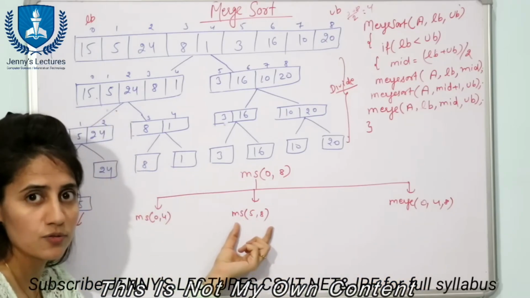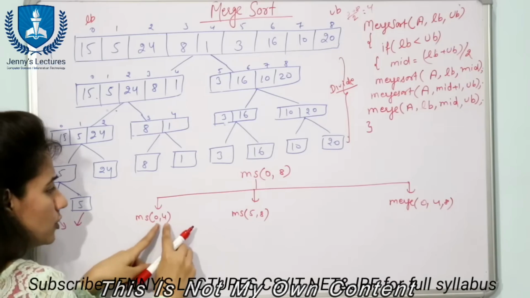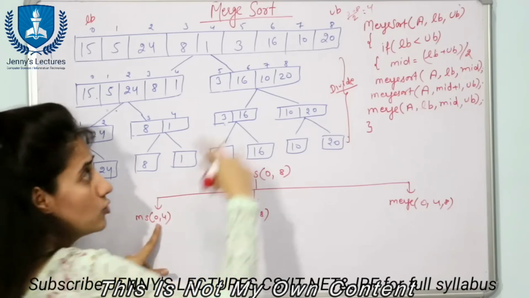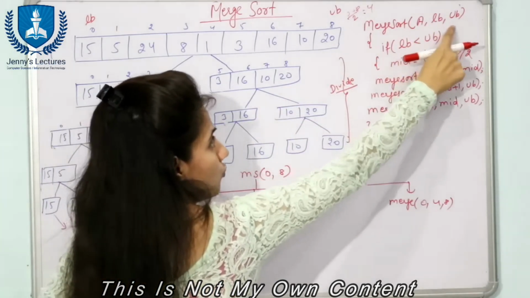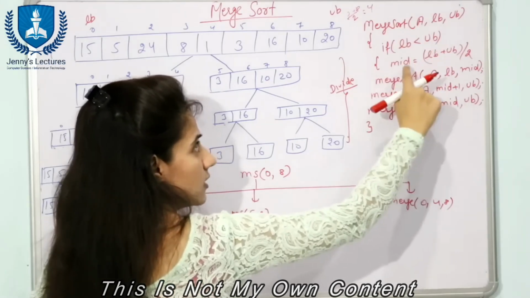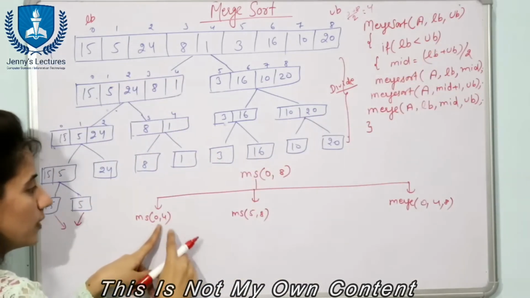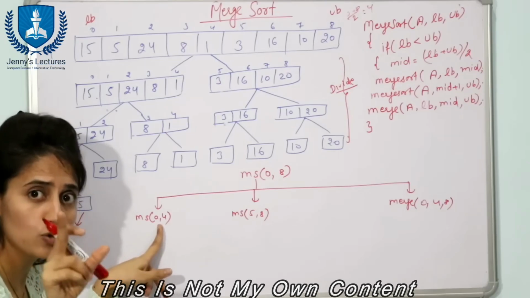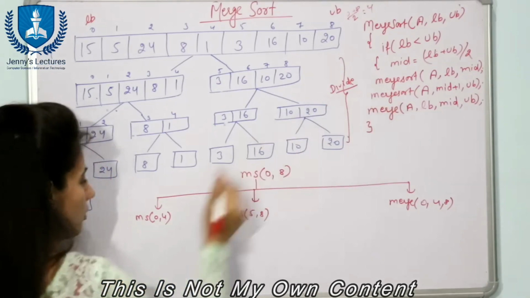sub arrays. Fine. Now from 0 to 4, merge sort would be called recursively. 0 is less than 4, yes. Calculate mid. Mid is equal to 0 plus 4 divided by 2, that is 2. Midpoint is 2. Now again call this merge sort.